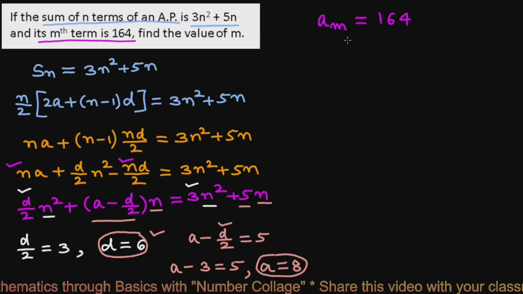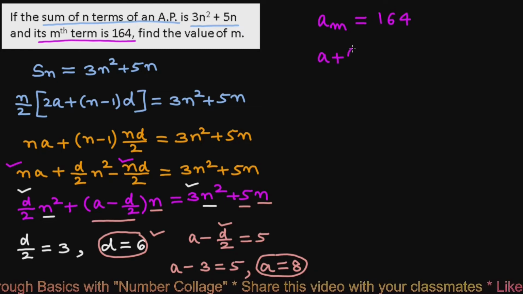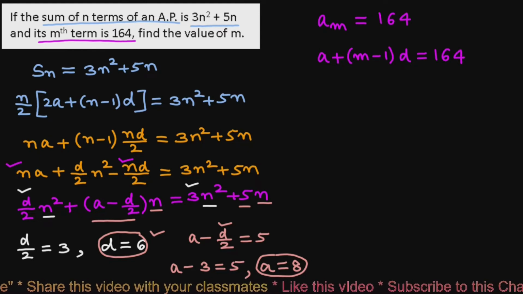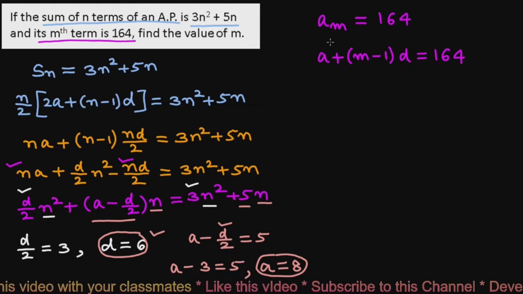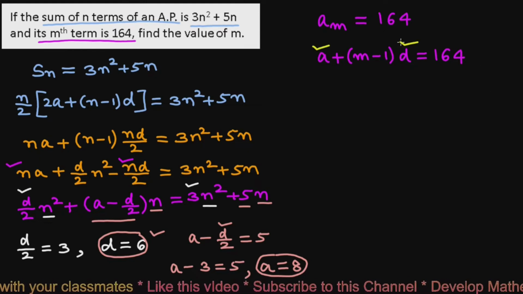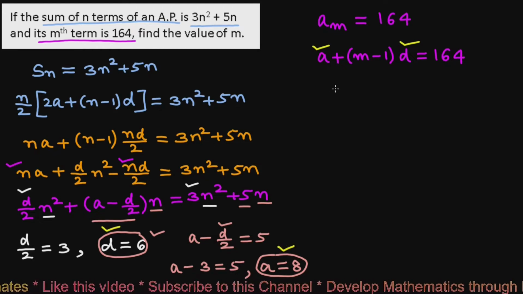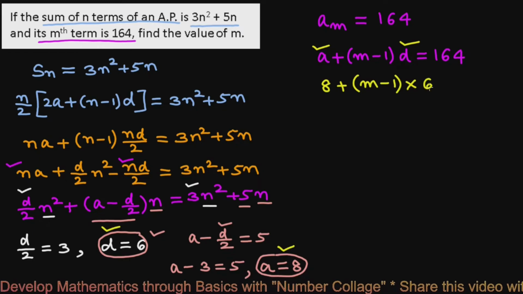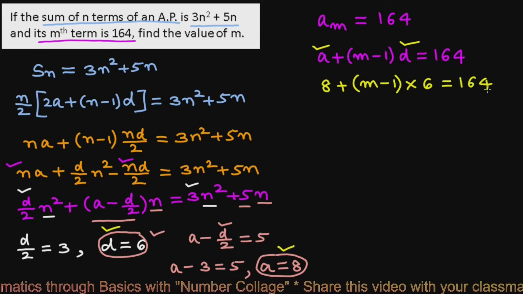We write am as a plus m minus 1 into d equals 164. Now here we will substitute the values of a and d from here and write 8 plus m minus 1 into d, which is 6, equals 164.